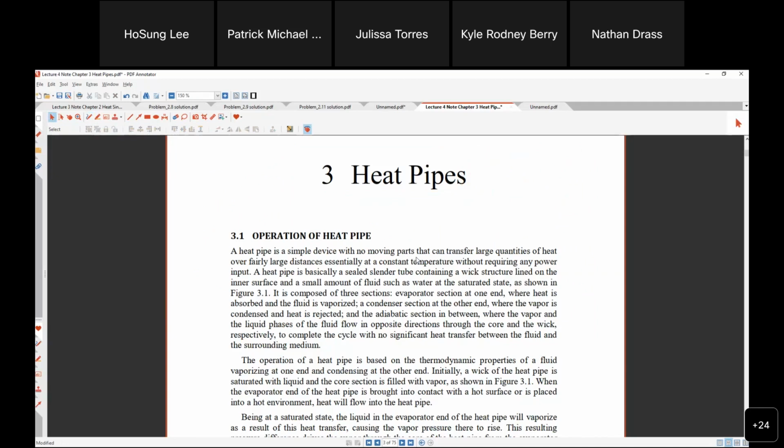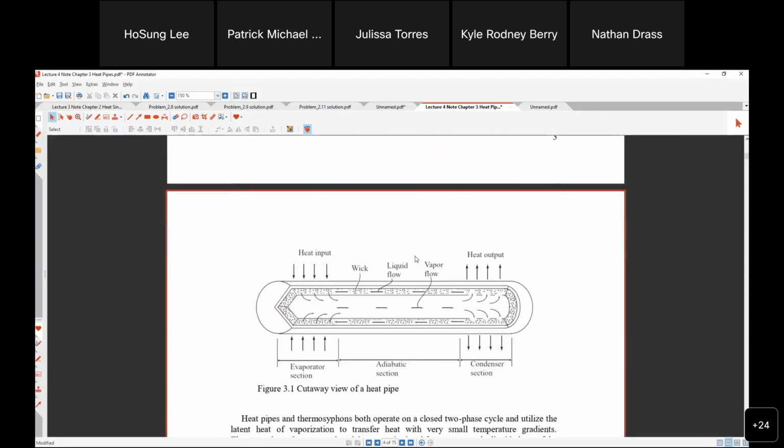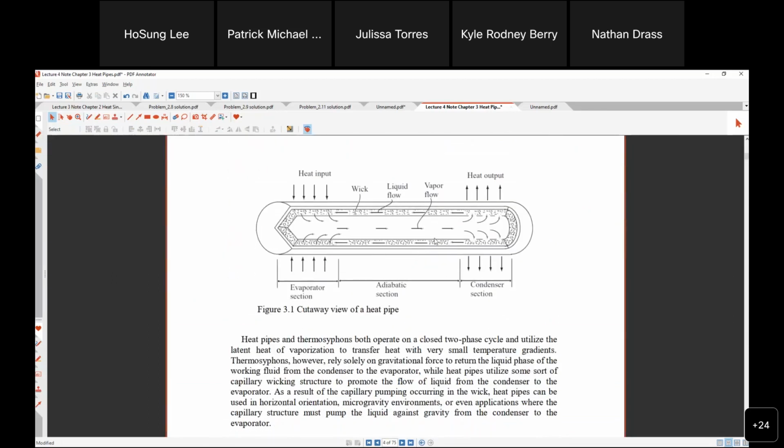Now, the heat pipe is an interesting device. It's a slender pipe, something like 1 millimeter, 2 millimeter, all kinds of sizes, and inside is a fluid, a liquid or vapor or whatever.